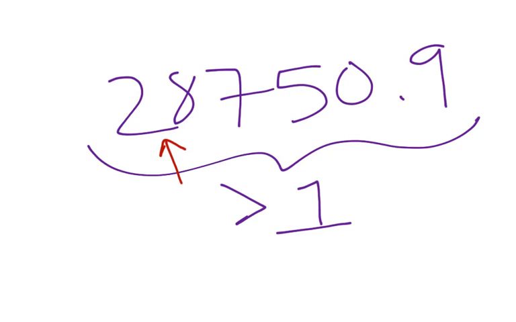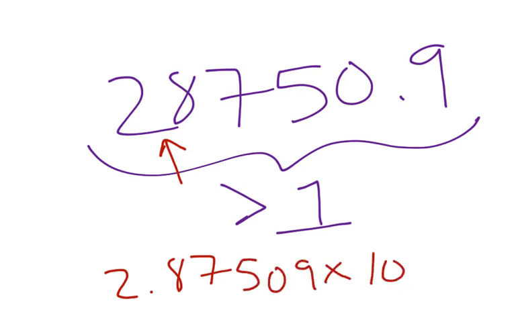So our number in scientific notation then is going to be 2.87509 times 10 to the, 1, 2, 3, 4 places we're moving the decimal. And because the number is greater than 1, that's going to be a positive 4. So this number here is going to be positive 4. If that decimal number was less than 1, then that would be a negative 4.